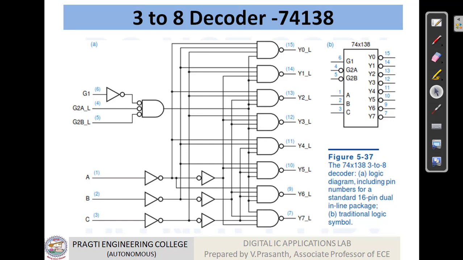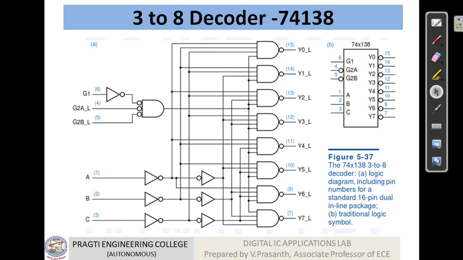In this 74LS138, we will have three enable pins, G1, G2A, G2B, where G2A and G2B are enable low and G1 is enable high. So one active high signal and two active low signals in the enable input, and we will have three inputs, namely A, B, C, and outputs Y0, Y1, Y2, Y3, Y4, Y5, Y6, Y7.